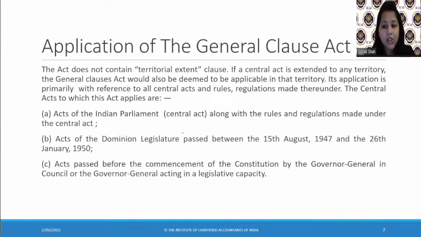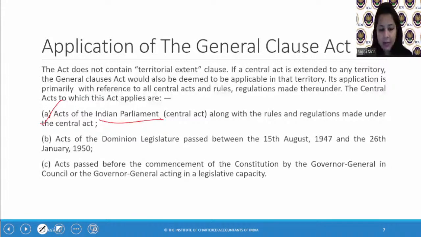And what are those central acts to which it is applicable? One, acts of the Indian Parliament along with the rules and regulations made under the Central Act. So any act made by the Parliament of India along with its rules and regulations, to them the General Clauses Act is applicable.